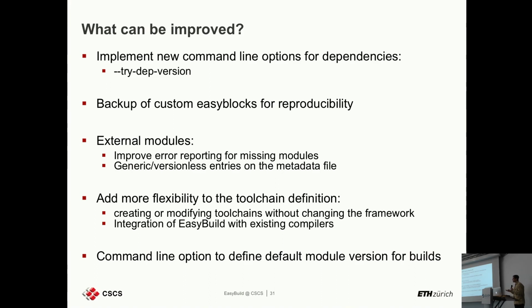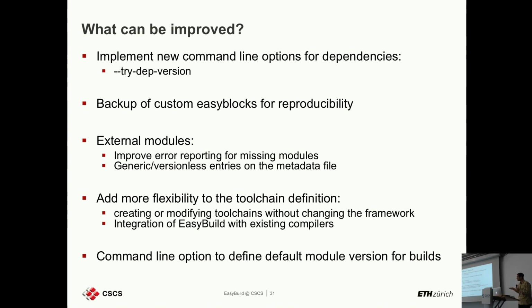Also, for external modules, it might be good to improve the error messages when there are missing modules in the metadata file. And also, it could be useful to provide a versionless entry in the metadata file, so that any time we have a new CUDA toolkit, for instance, we don't need to update the metadata file by just changing the version, which probably can be done more smoothly in another external metadata file format.